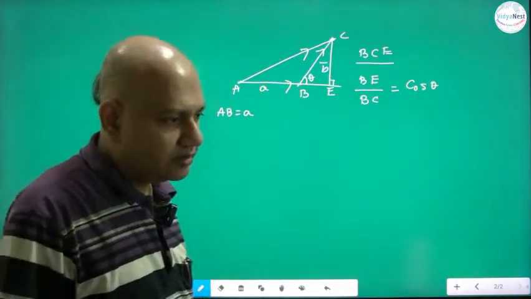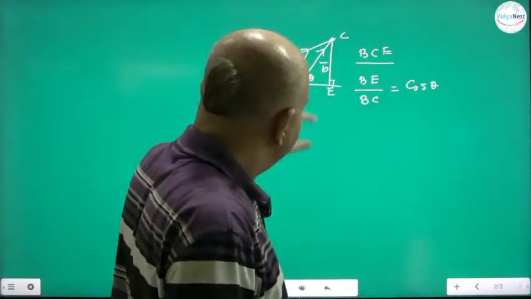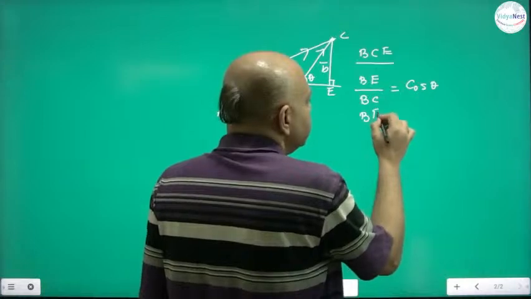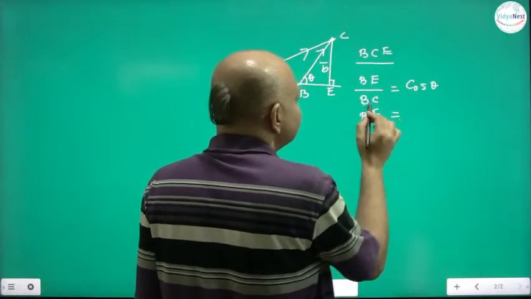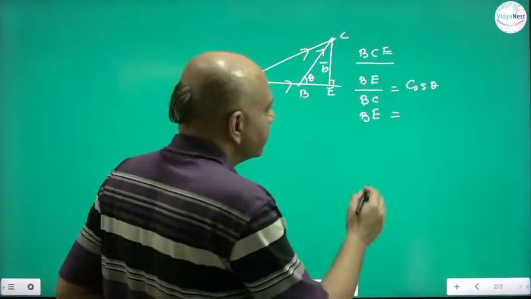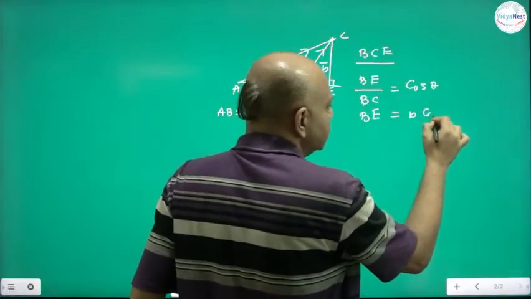Trigonometry, you know? Base by hypotenuse is cos theta. So we can write BE is equal to, what is the value of BC? The value of BC is B. So BE is B cos theta.